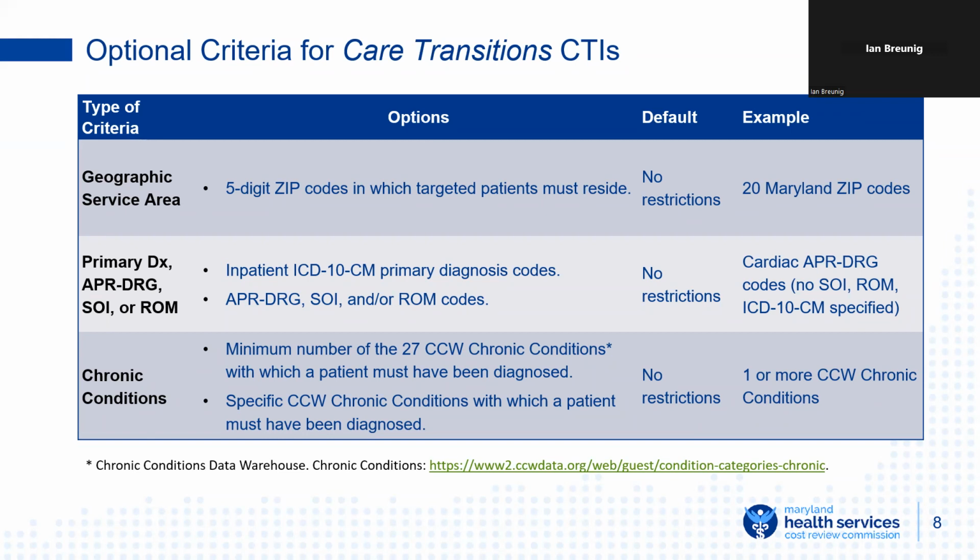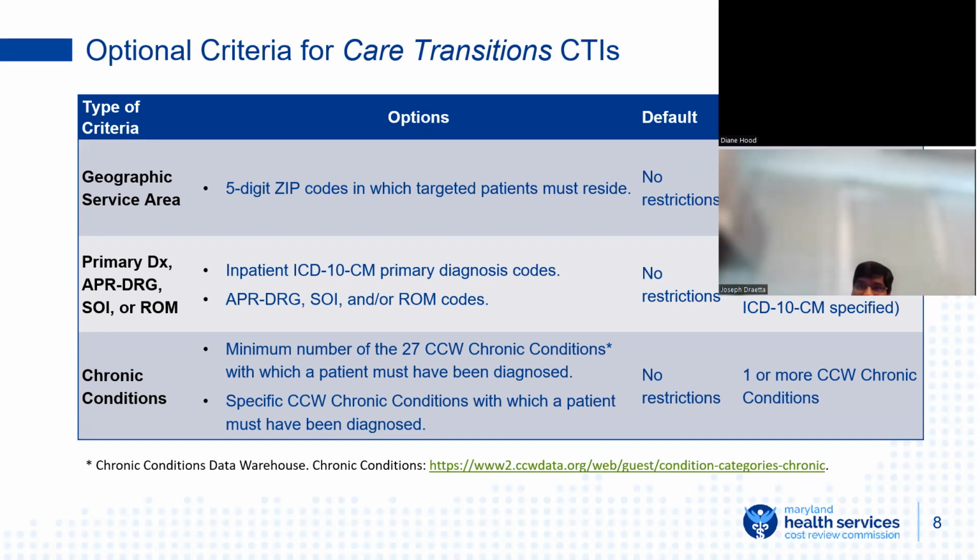Also note that in these next three slides, we provide an example column. Altogether, the example criteria describe a hypothetical CTI definition under the care transitions thematic area. We'll use that hypothetical CTI in the subsequent slides to provide examples for how the volume of potential episodes rapidly shrinks as we apply each inclusion and exclusion criterion in our programs.